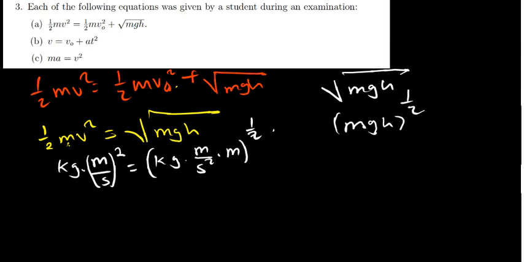Yes. And now from here, before we even apply the power, we know that this one is going to give us kg times m to the power 2 divided by s to the power 2, which has to be equal to this one, which gives us kg, and then I put half, and m to the power half.